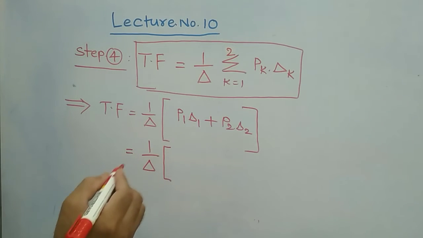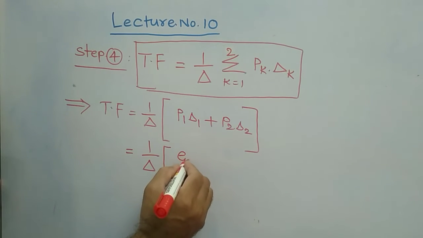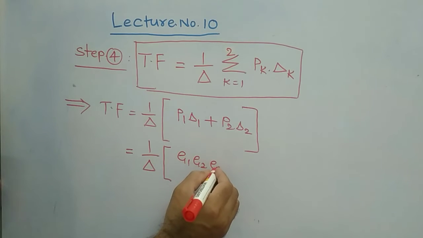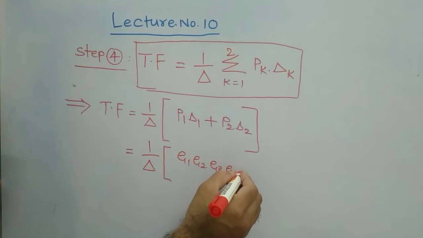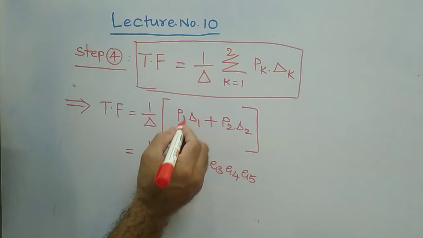Then this implies further 1 by delta. What is P1 here? P1 you already know, that is the first forward path with its path gain, nothing but G1, G2, G3, G4 and then G5. G1, G2, G3, G4, G5, that is your P1.